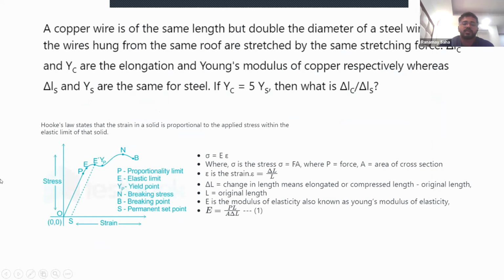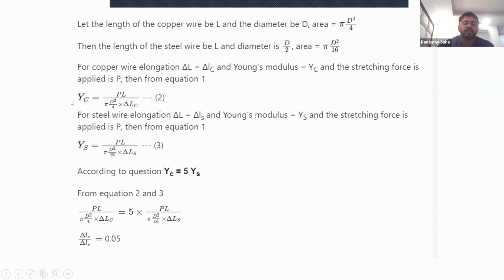The question says it is stretched by the same stretching force. So P remains the same. Now the corresponding Young's modulus can be found out as PL by A delta L, that is for copper, and this is for your steel. In the question, it is given that the modulus for copper is 5 times that of steel. You equate these two and you find out the ratio. So I hope that is clear.